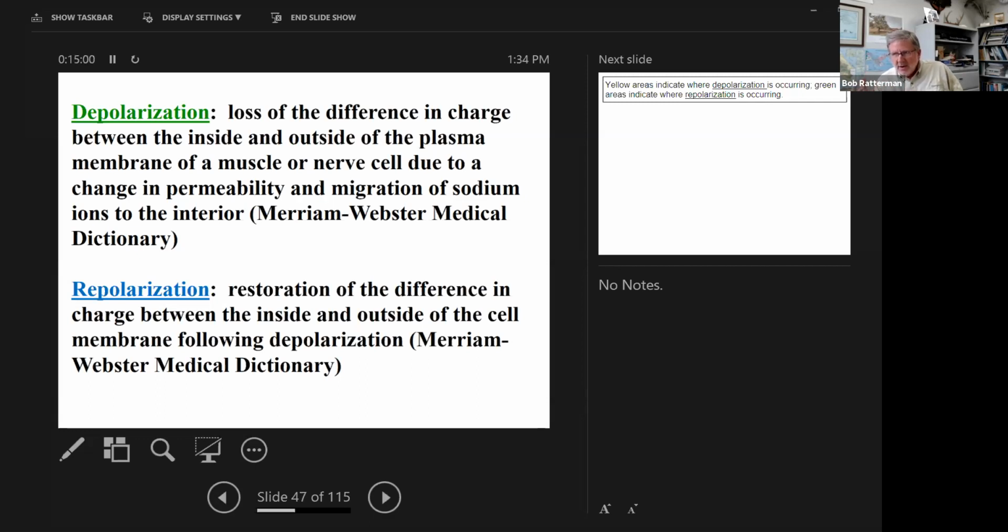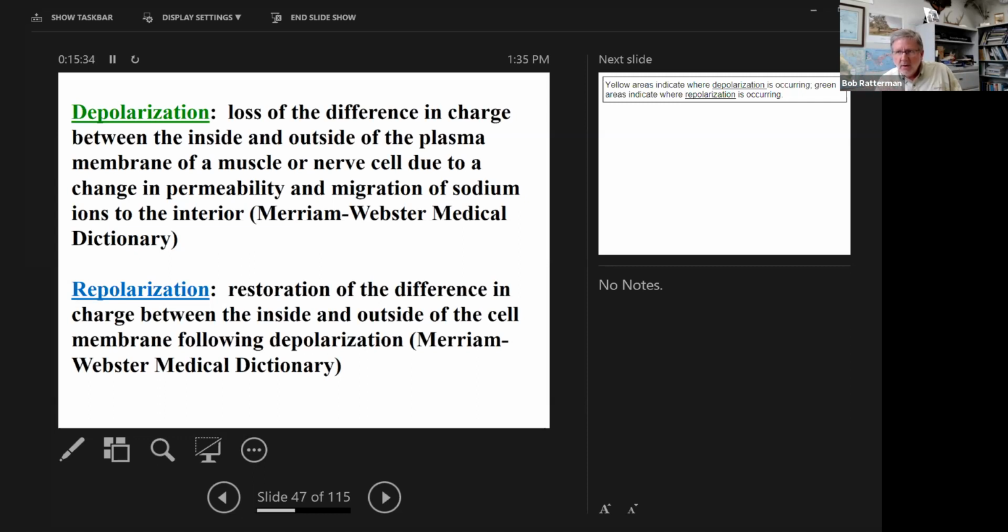And so they're terms to describe electrical changes that occur along a membrane, plus and minus charges, basically. And this is due to the migration of ions, in this case, sodium, into the cell. And I'm not going to get into that right now. You don't need to know it for the test. But just understand that these 2 words describe electrical changes due to ion flow, basically.